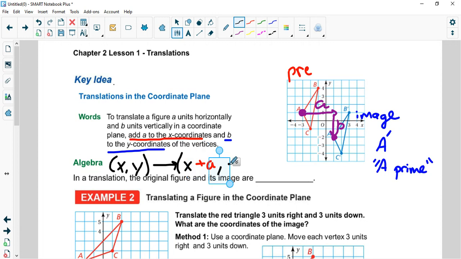And then I have my y where I add b, our vertical, because y represents verticals.